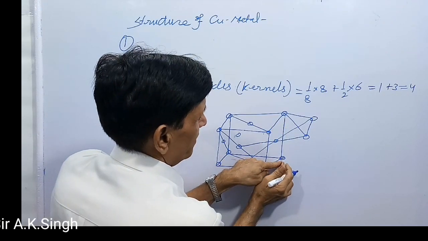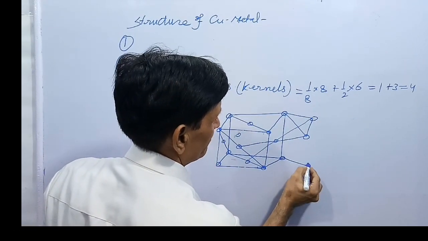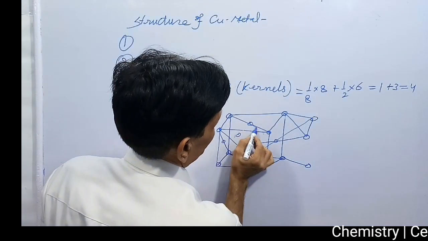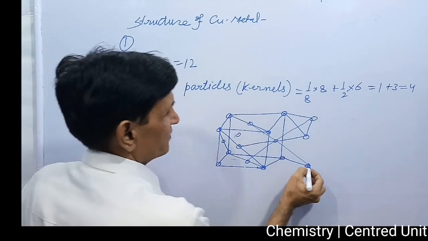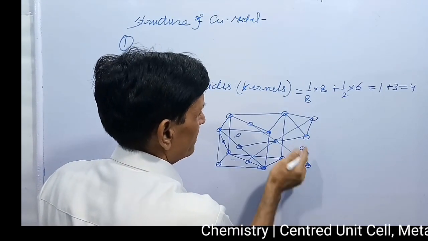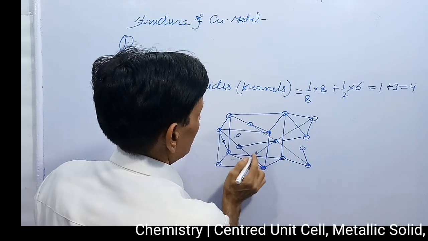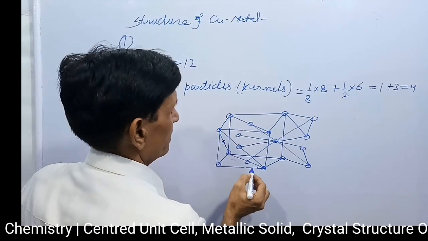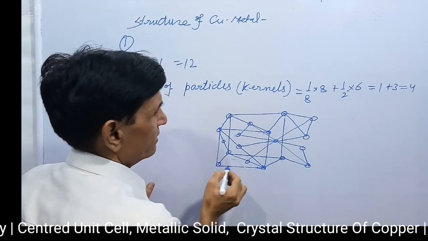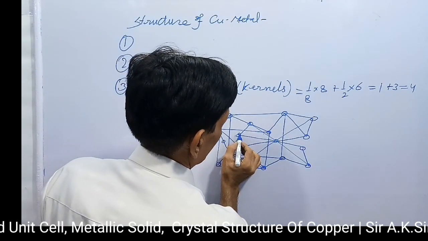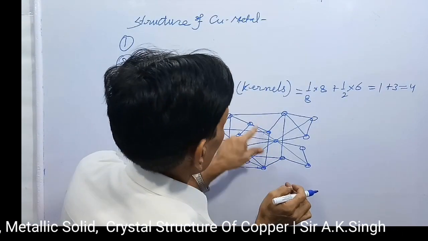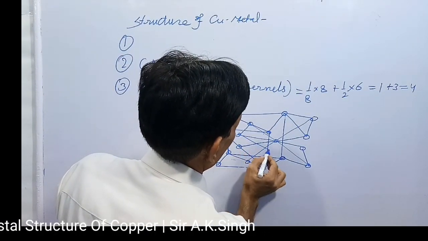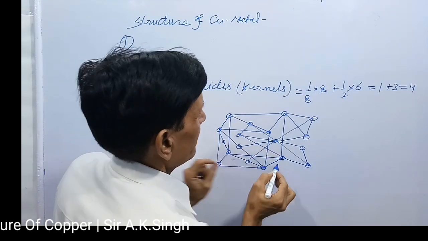Another from this corner particle I am showing this particle, and this particle is connected with this, and taking the next particle as a unit cell, this particle is connected with this. Here they are connected like that.